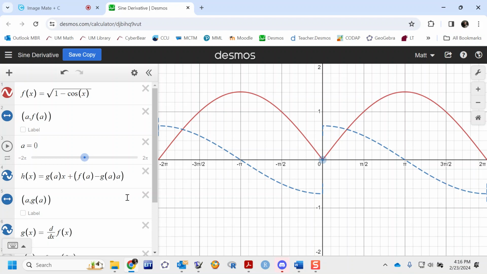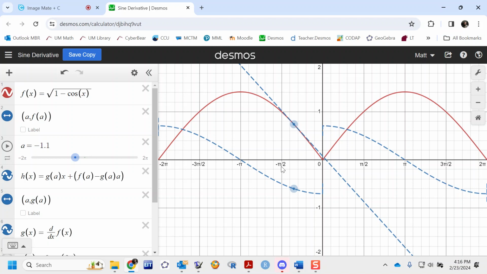We come down, we're negatively valued, and then right away we pop to positively valued at that sharp cusp. That means our derivative should not be defined at multiples of 2 pi, because this happens every 2 pi. Even though the function is defined at 0, it has a sharp cusp at 0. So this is an example of a continuous function that's not differentiable at multiples of 2 pi.